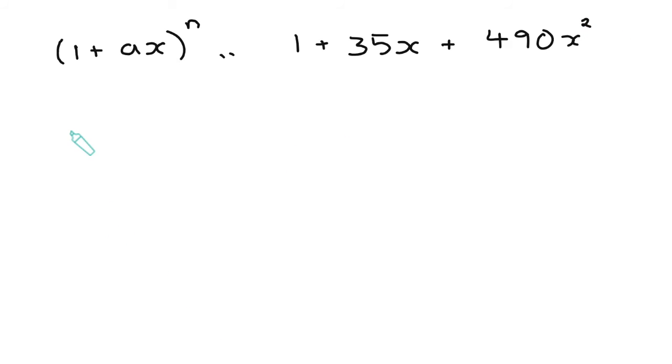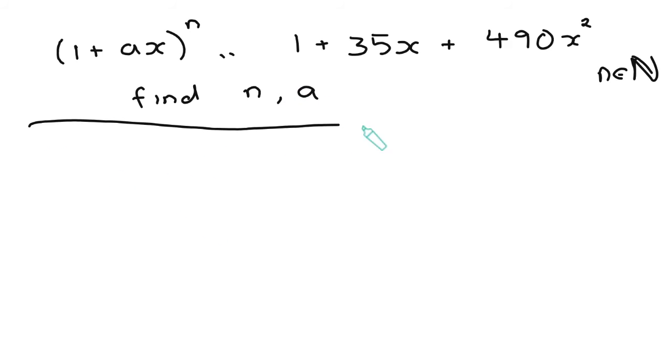And we're told that n is in the natural numbers, and the question we're being asked is to find the values of n and a. Right, okay, so how are we going to tackle this?